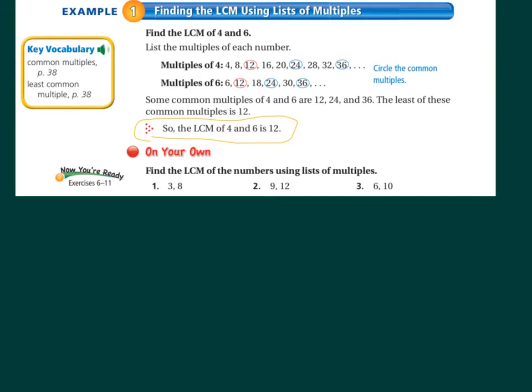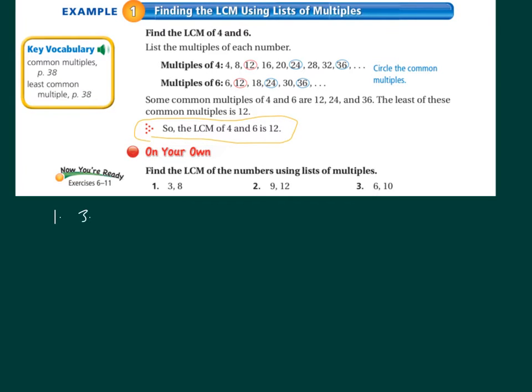Okay, so before you go on, use the list method for 1, 2, and 3. Pause right now and find the least common multiple of those 3. Okay, so now that you've had some time to try these on your own, number 1, I'll write out here.